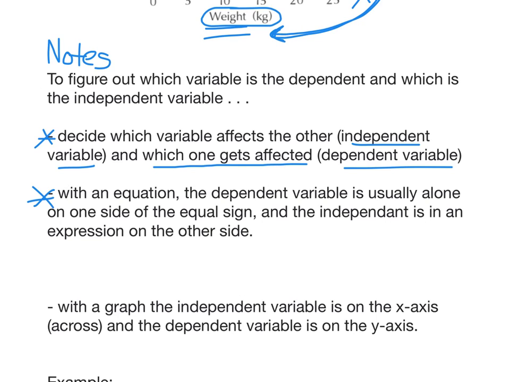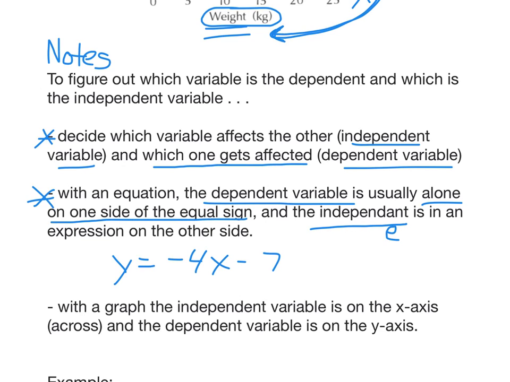With an equation, the dependent variable is usually alone on one side of the equal sign. And the independent, spelled wrong, is in an expression on the other side. So, once again, y equals negative 4x minus 7. We've got two variables here, the x and the y.